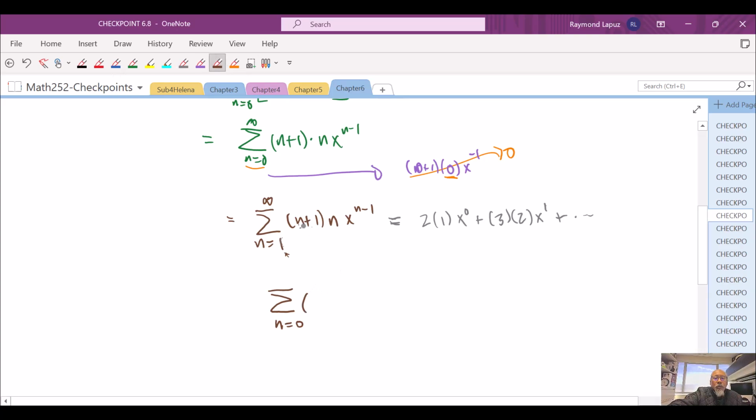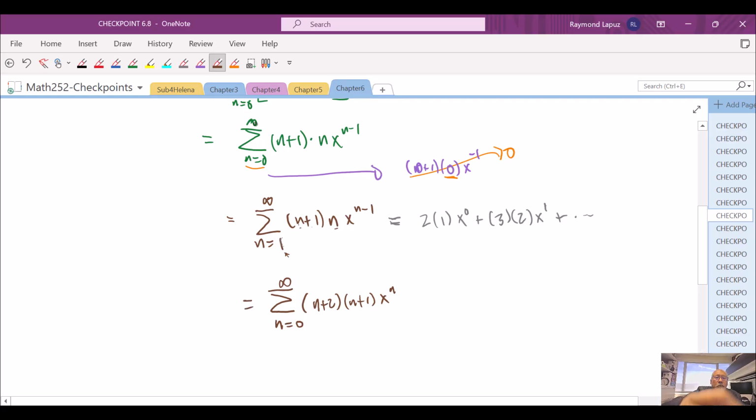So this n plus 1 plus 1 is going to be n plus 2, and then this will just become an n plus 1, and then this will be x to the n plus 1 minus 1, so that's just going to be the nth power. All right, so if you're comfortable with this, then this is what you would get.